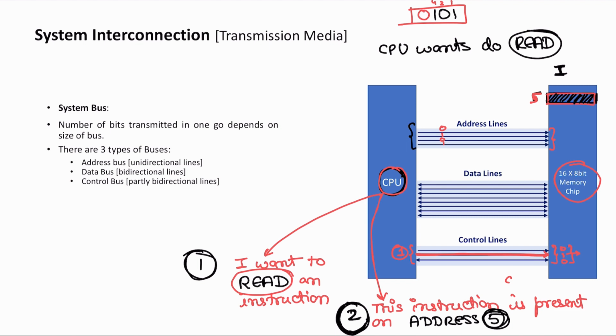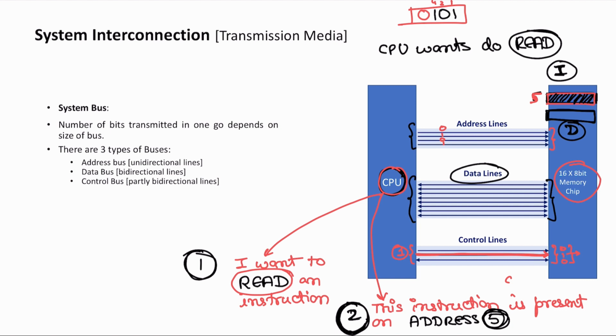Since main memory has only 2 things, either data or instruction, there is a dedicated set of lines which will send either instruction or data to CPU, and these lines are called data lines.